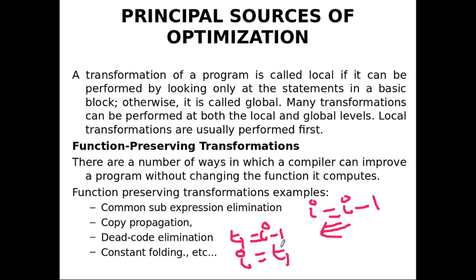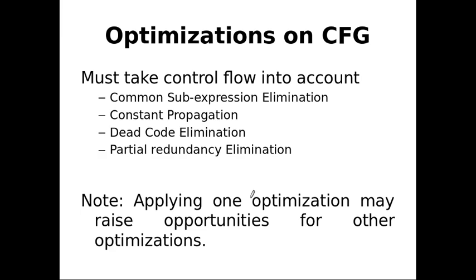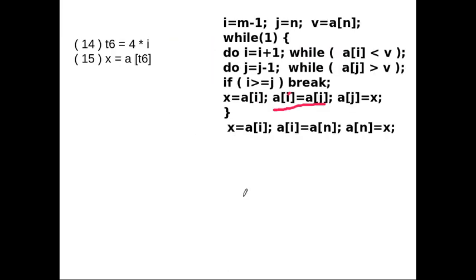But we are not writing in this way. That's why copy propagation and constant folding are not effectively applied in our 3 address code. In our 3 address code, we effectively applied common sub expression and dead code elimination, and also code motion or strength reduction. Okay, these are the methods we apply for code optimization.